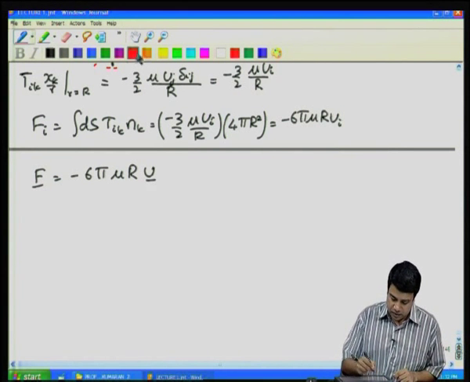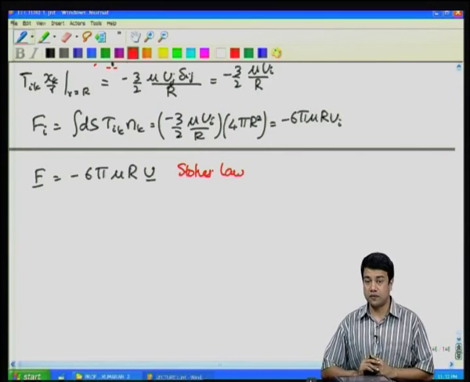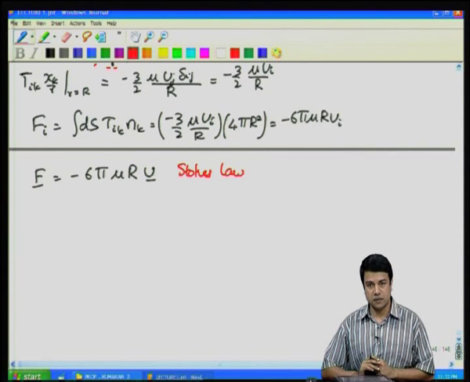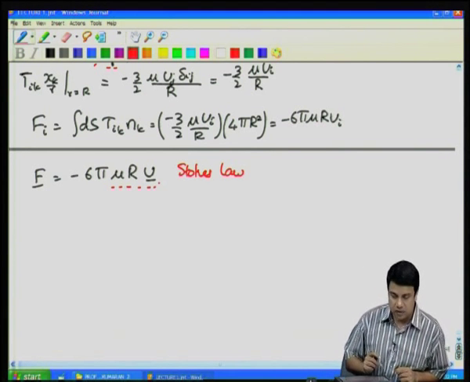This is the famous Stokes law for the drag force exerted on a sphere in the limit of low Reynolds number. If you recall, in the Fundamentals of Transport Processes 1 course, we had derived this almost up to a multiplicative constant just using dimensional analysis, and we had got the force as some constant times mu u times r.